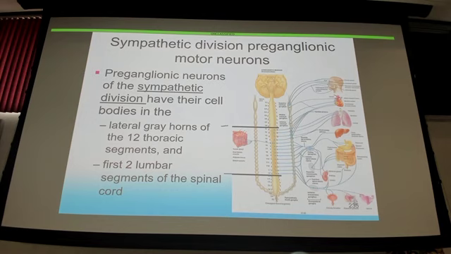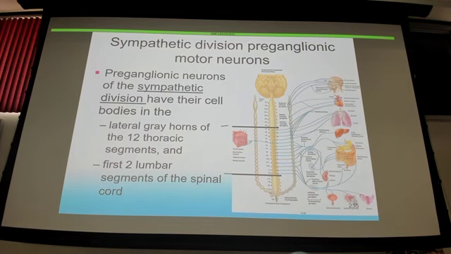That goes all the way back to saying that the only areas where we find lateral gray horns in the spinal cord are at T1 to L2 and S2 to S4. But the T1 to L2 portion is the sympathetic output. So I'm repeating and rephrasing: all sympathetic output from the spinal cord originates at T1 to L2.